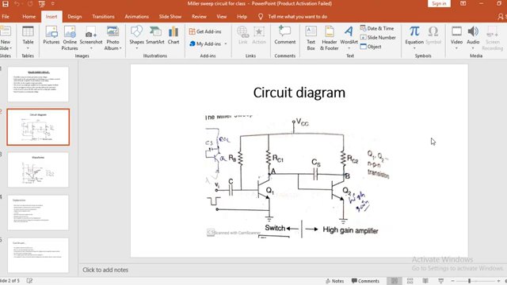Therefore, the voltage across the capacitor starts decreasing very slowly. The result is that the capacitor Cs discharges linearly. Thus, we can observe that the voltage Vs across the capacitor Cs is a decreasing, that is, a negative going ramp. I'll show you in the waveform.